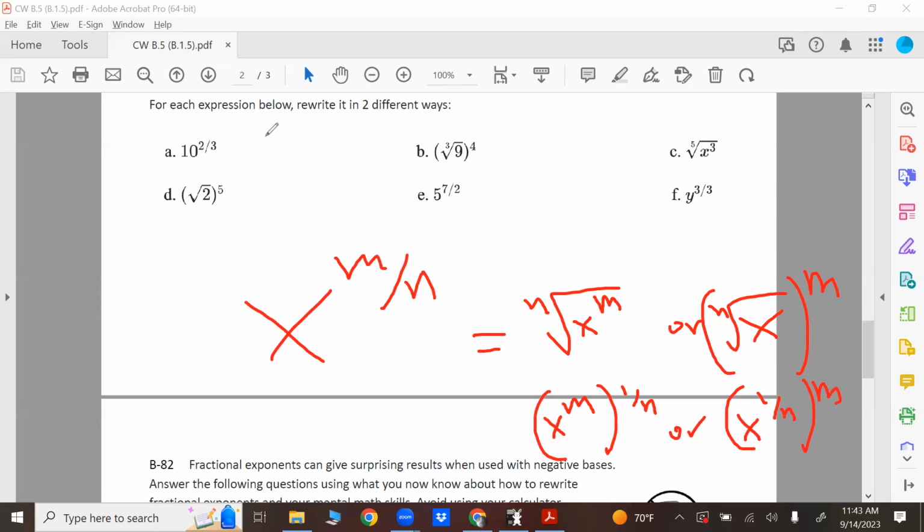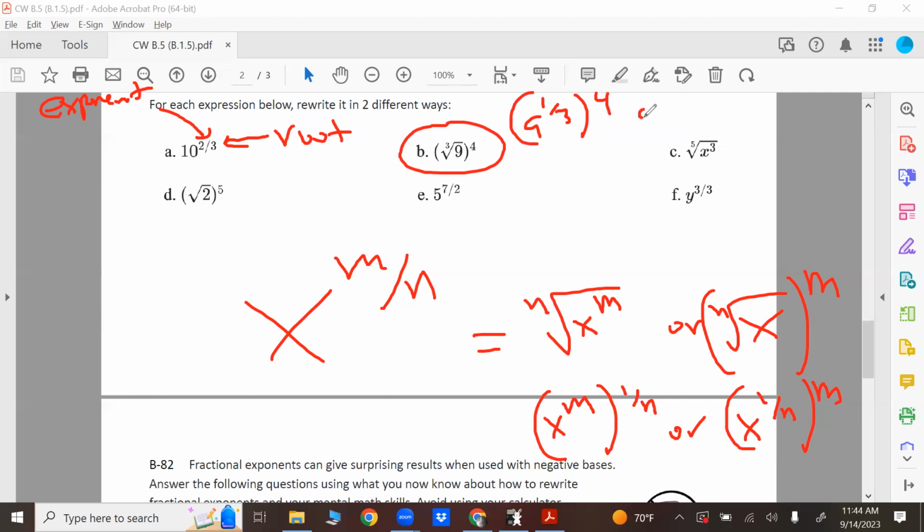So this is always going to be the root, and that's not the power but your exponent. Let's look at b, for example. That's 9 to the 1/3 power raised to the 4, or you do 9 to the 4 first and raise to the 1/3. Does that make sense?